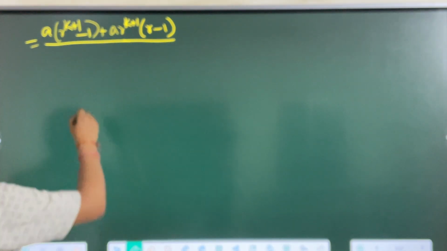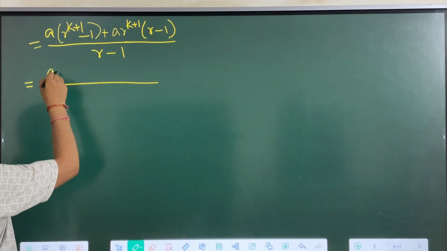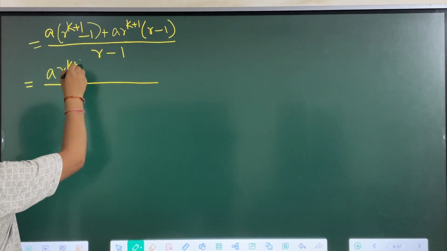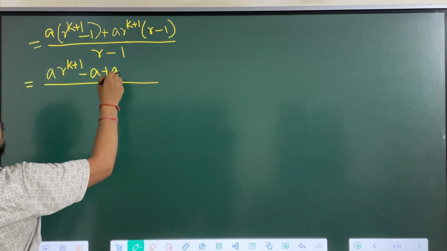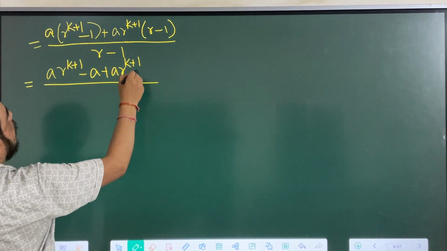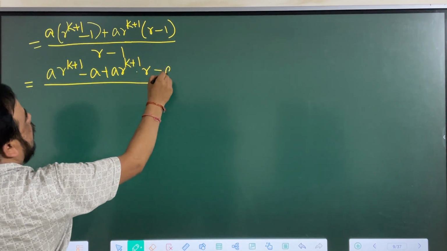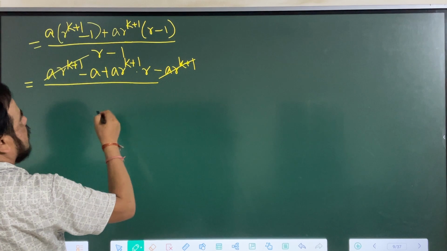Yes. So we will do the calculation. AR to the power k plus 1 multiply A into minus 1, AR to the power k plus 1 into R, multiplying minus AR to the power k plus 1. AR to the power k plus 1 minus AR to the power k plus 1 cancel.